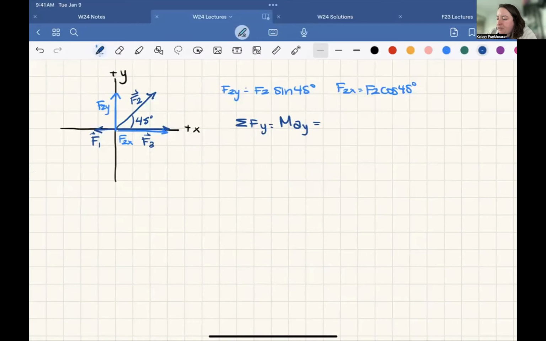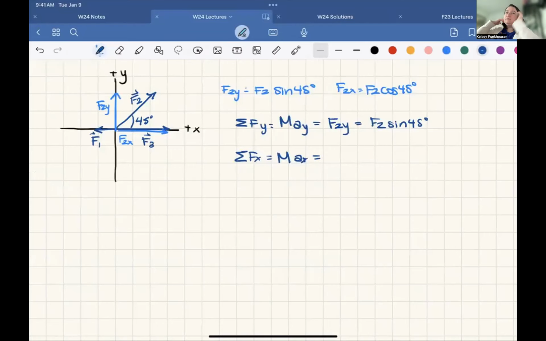And there's only one force in the y direction, and it's just the y component of the second force, F2y, or F2 sine of 45 degrees. And then sum of forces in the x direction. Again, this is capital M, meaning all the masses, times the x component of the acceleration.